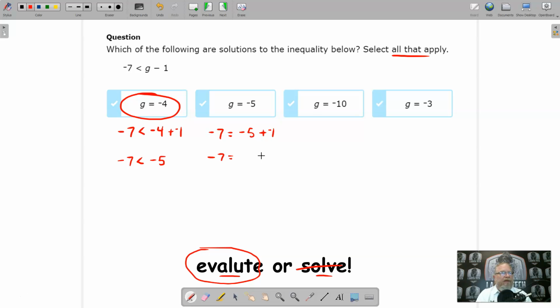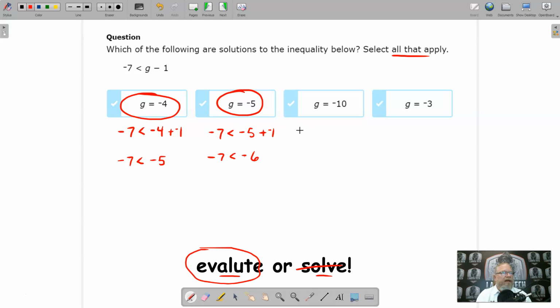So -5 plus -1 is -6, and I just realized I made a major mistake. I am so used to doing equations that I am using an equal sign. We should be using a less than sign. So there we go, less than. -5 plus -1 is -6. Is -7 less than -6? Indeed, -7 is to the left of -6 on the number line, so that one is true as well.